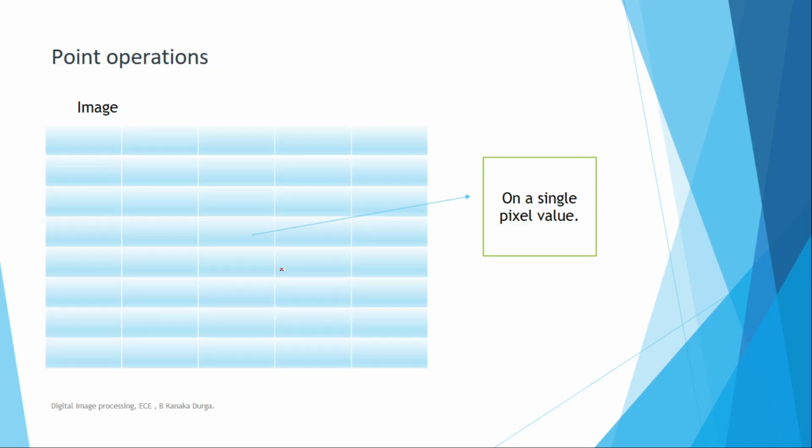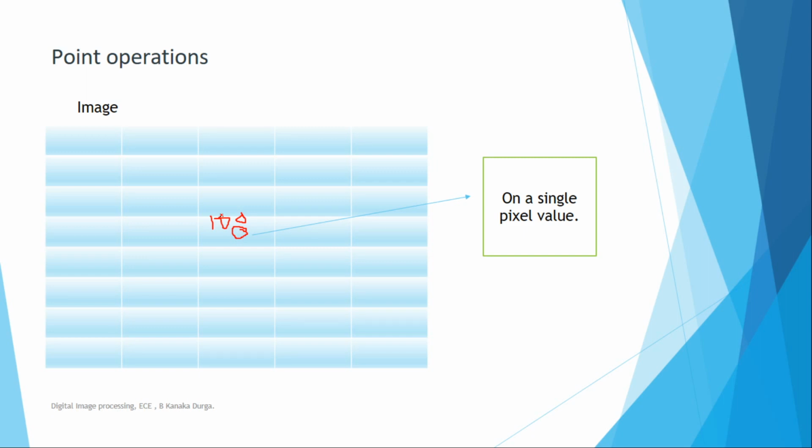First, point operations. I am assuming this is a total image. In this image, I am going to apply the enhancement tool on this particular pixel only. Like this one has the pixel value of 100. I have to do a brightness decrement.